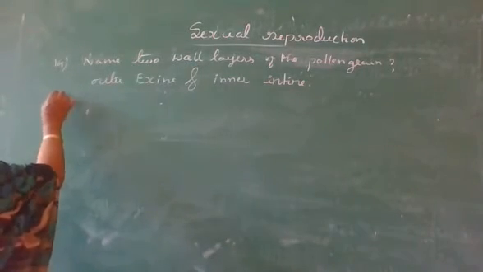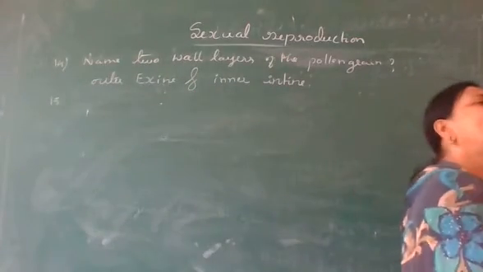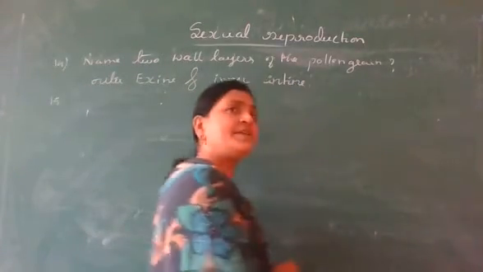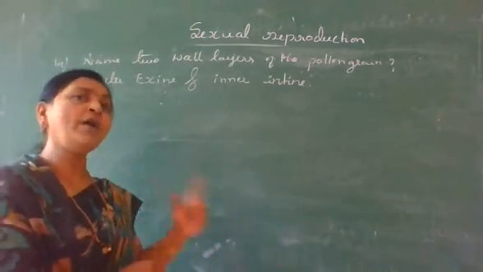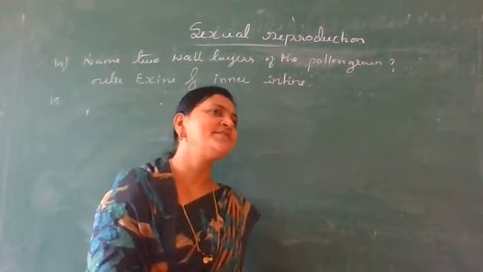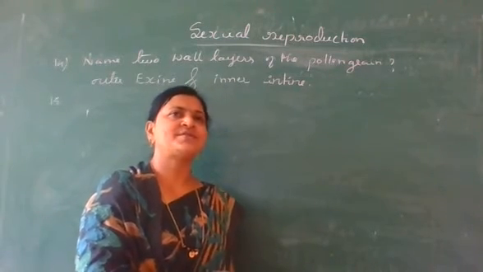Next one. Name the resisting wall layer of a pollen grain. Which is the resisting wall layer of the pollen grain? Exine. Why does exine resist different physical factors?